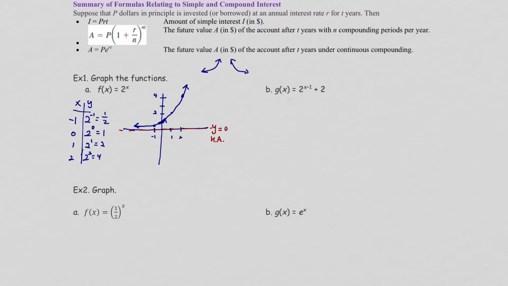So like I said, you should be able to plug in points like this to find this graph, but also you should be able to use transformations. Based on this point right here, I'm going to transform this y-intercept to move up 2 and right 1, right?